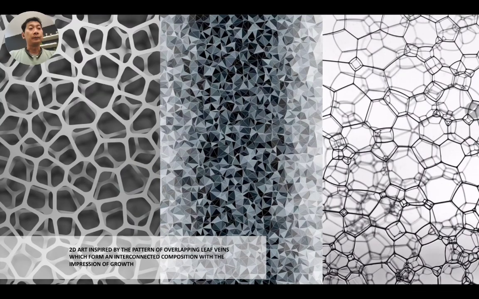So using different kinds of techniques, for example. But if you look deeper at the structures of the leaf, you can try to identify much smaller elements that only appear at the microscopic level.